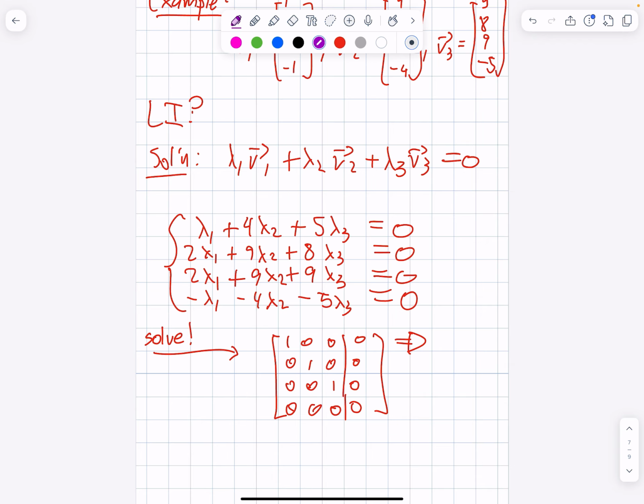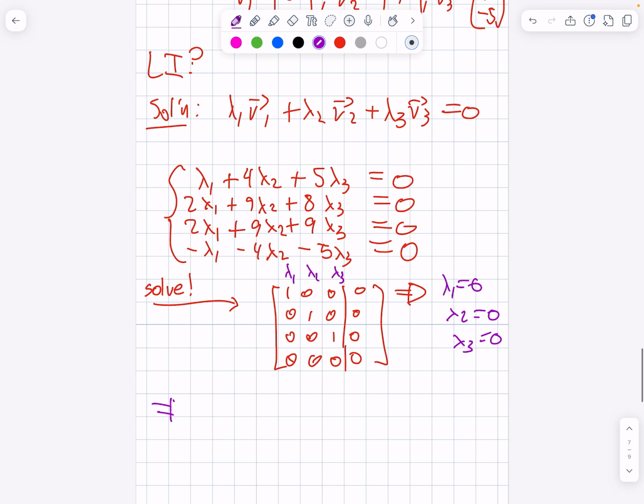So if these are lambda 1, lambda 2, lambda 3, then lambda 1 equals 0, lambda 2 equals 0, lambda 3 equals 0, which implies our unique solution, which implies yes, these vectors are independent. So that's how you do that.